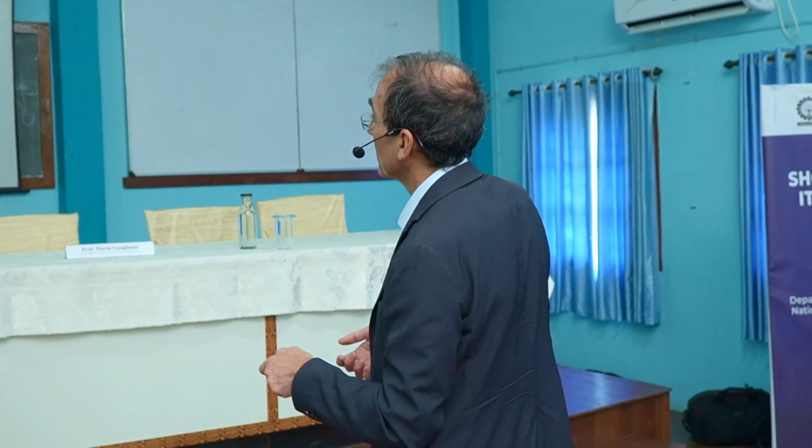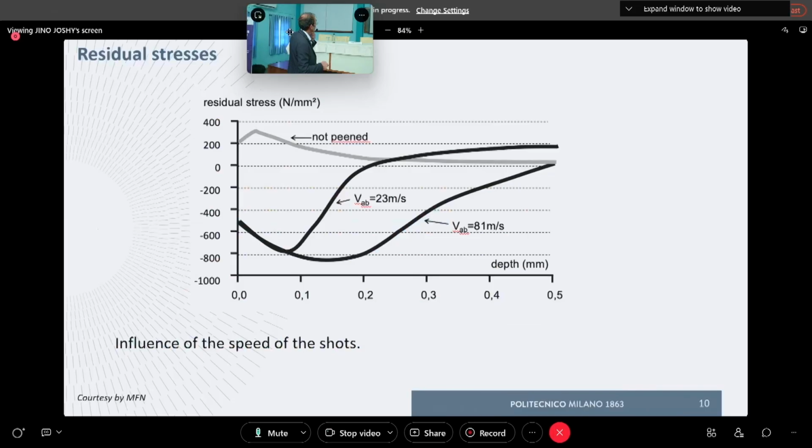It is becoming 0, right? Approximately 0. But in the case of the velocity equal to 23 meters per second, the residual stress is crossing beyond that. Why is it so? It is transforming from compressive to tensile after a depth. What's happened here?